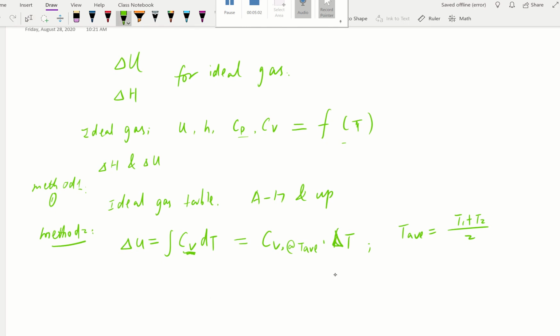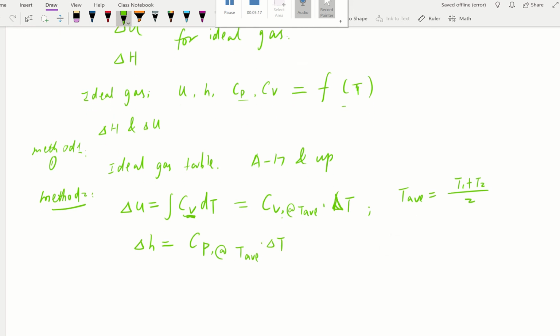The same thing if we want to find delta H: instead of Cv, we use Cp at the average temperature, times delta T. So that's our method number 2.